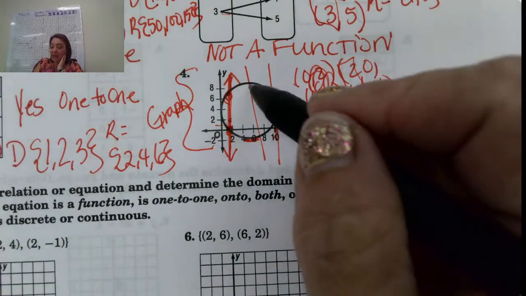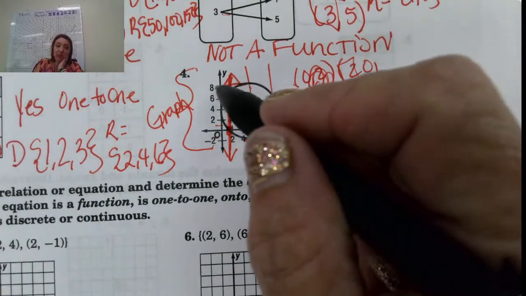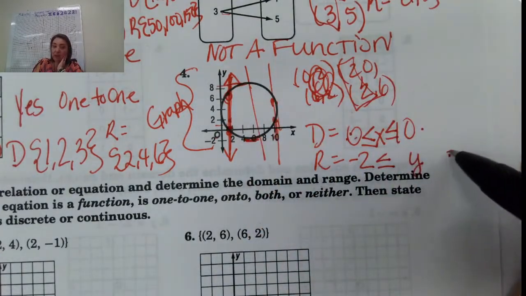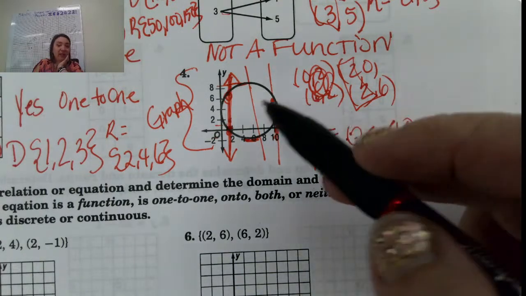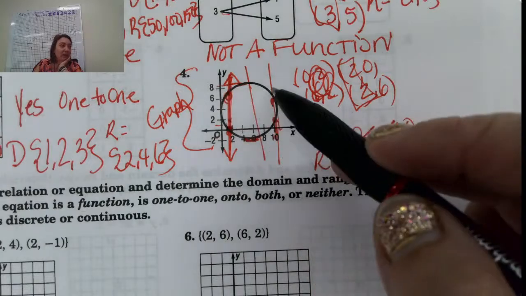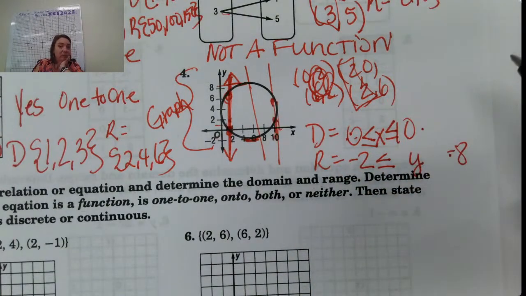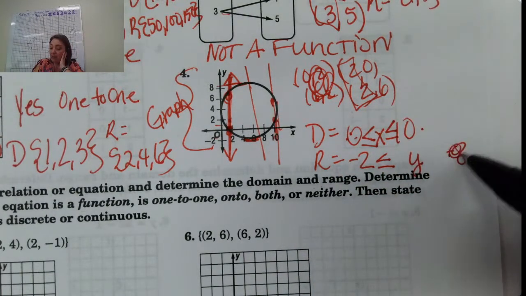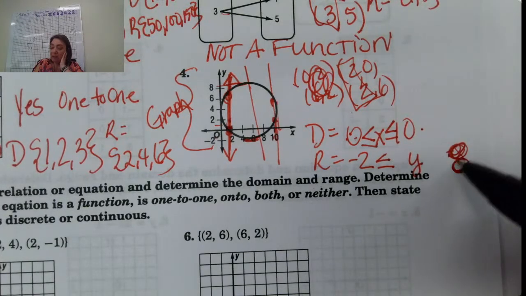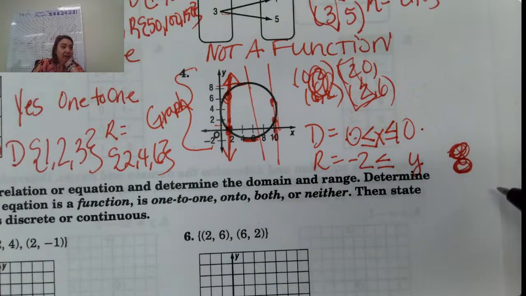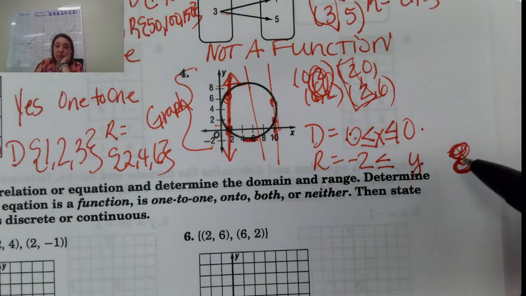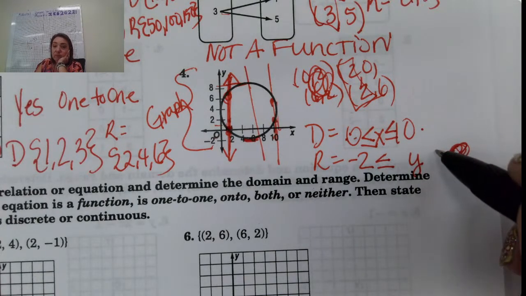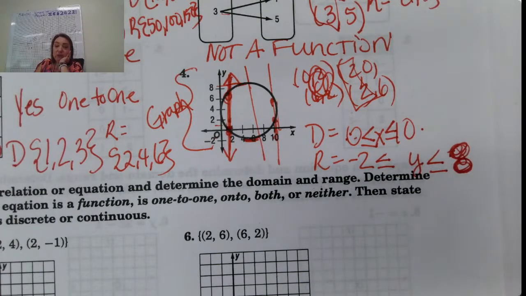Technically I think it probably is above 8, but let's go with 8 just for the fun of it, to make life a little easier. Technically it looks a little higher, but we can't really tell. Y is what to 8? Less than or equal to. So that's our domain and range for those.